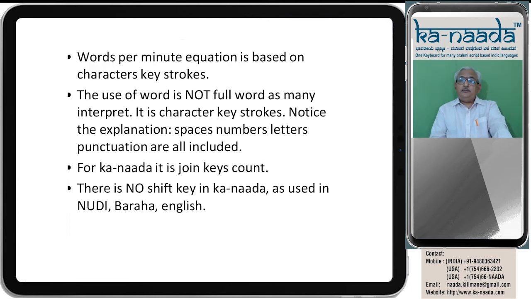Words per minute is an equation based on characters, keystrokes made per given time. The use of word is not full word as many interpret. It is character keystrokes. Spaces, numbers, letters, punctuation are all included.